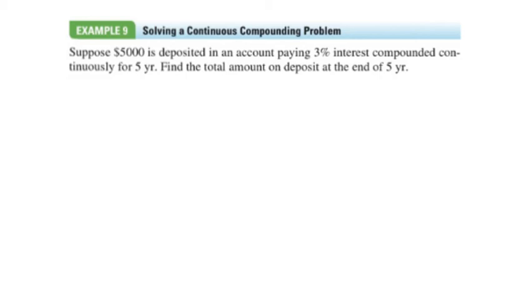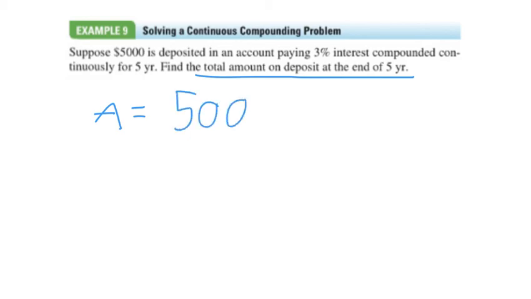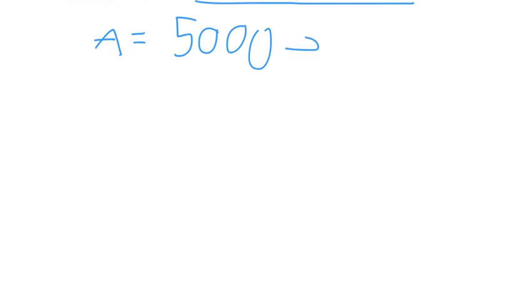Now, for this example, it says suppose $5,000 is deposited into an account paying 3% interest compounded continuously for 5 years. Because it asks for the total amount after 5 years, the final amount is equal to your starting amount, which is 5,000, multiplied by e raised to the power of the interest rate, which was 3%, multiplied by the time, which was 5 years.